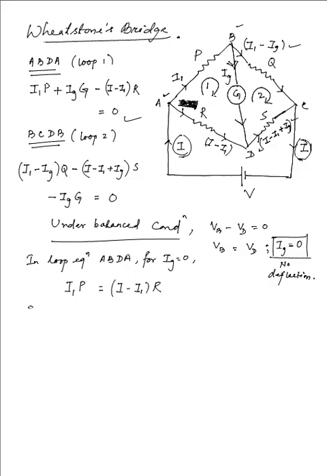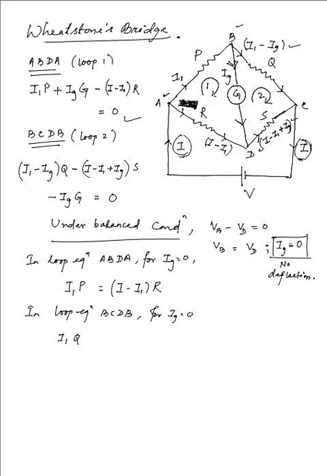And in the loop equation for BCDB, for Ig being equal to 0, that is under the balance condition, what we have is that I1 minus Ig goes to 0, so I1 is all that we have left multiplied with Q, and the third term Ig is 0, so the third term goes away completely.